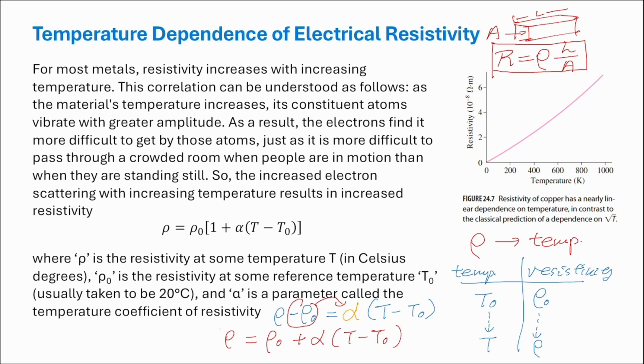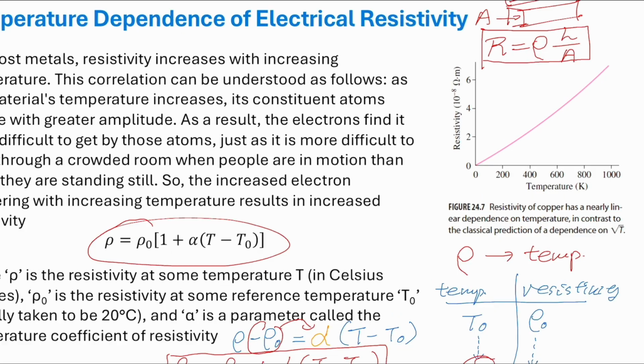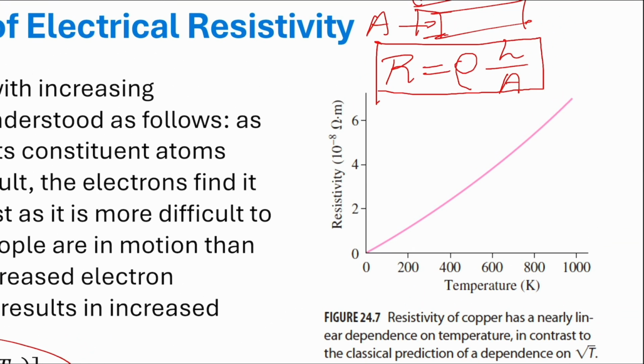So this equation tells you the value of the new resistivity at temperature T. And remember, this is only an approximation, because when we extend the range of the temperature, very often we'll find it's not really linear. It will also change depending on different types of materials, and we're going to look at it later.